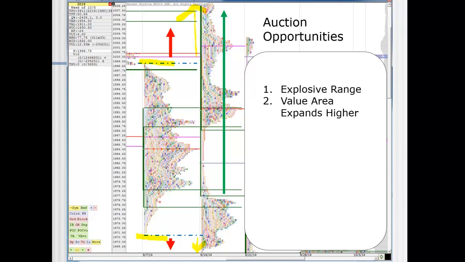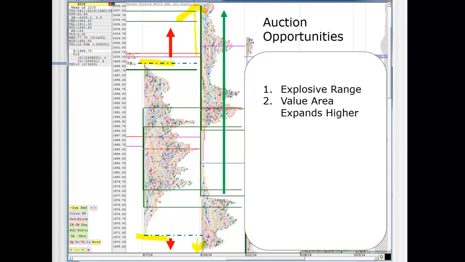Now, many individuals will look at this profile and don't have a good understanding of auction markets and how they function, and will say, wow, the market continued to move higher. The market is already on a very strong bullish track, and develop a long bias out of this explosive range and the move of value area higher.